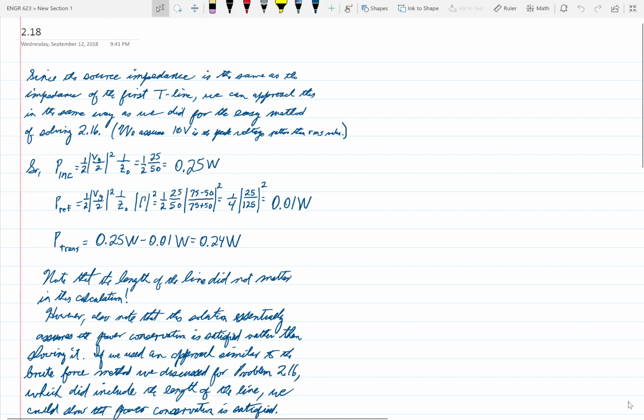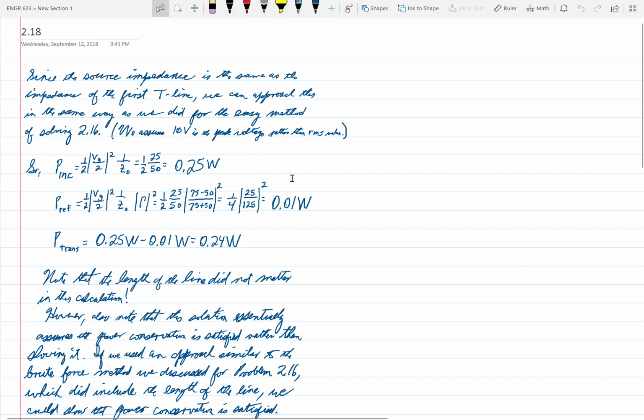So in this case, the first thing we note is that the source impedance is 50 ohms and the characteristic impedance of the first transmission line is 50 ohms. So that means that we can approach this problem in the same way as we did in the easy method of solving 2.16.